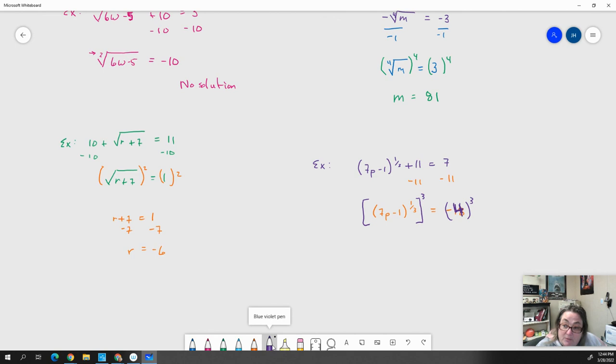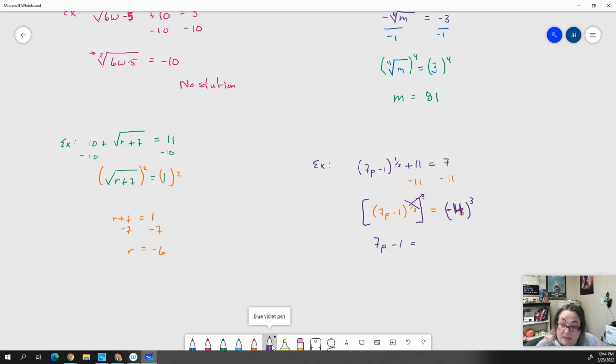And so what happens when we raise this to the third power, all of this stuff goes away, right? And we're just left with 7p minus 1 equals negative 4 to the third power. Now 4 times 4 is 16 times 4 is 64. Now this is negative, right?